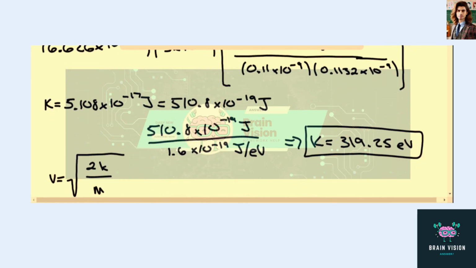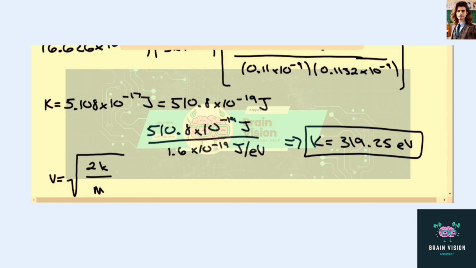So that we get a value for kinetic energy of 5.108 times 10 to the negative 17 joules, which is also equivalent to 510.8 times 10 to the negative 19 joules. And then from here, we also know that 1 electron volt equals 1.6 times 10 to the negative 19 joules.